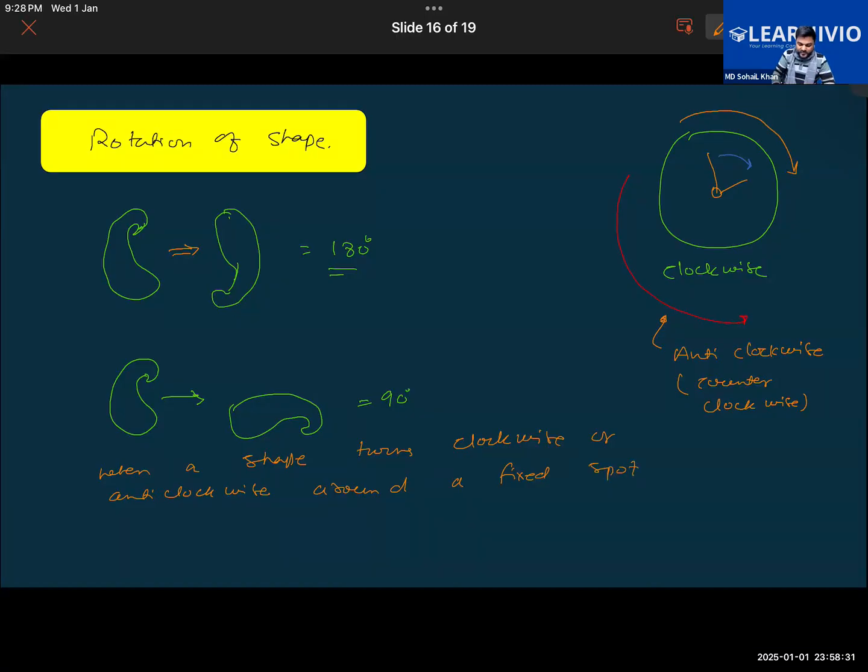Around a fixed spot, the size and the shape itself will remain the same, but its position will change. Write down this quickly.